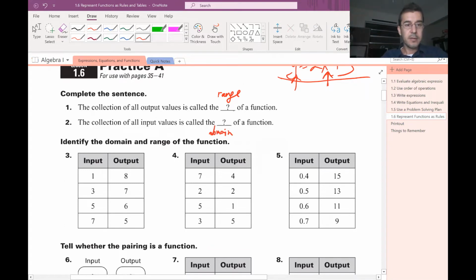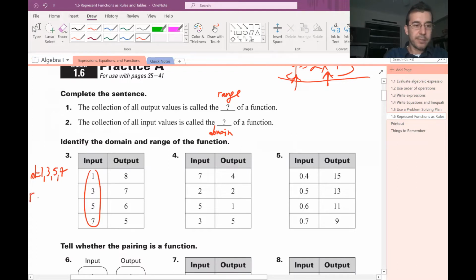Okay, identify the domain and range. As I said, domain is a collection of all the inputs. So domain, and let's represent domain as D, is 1, 3, 5, 7.